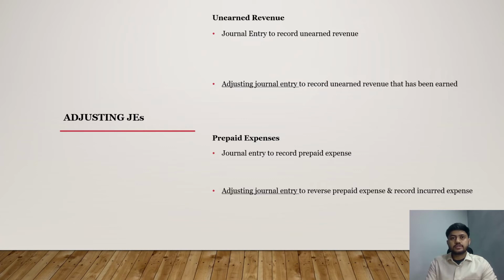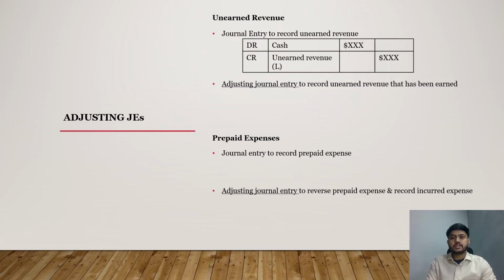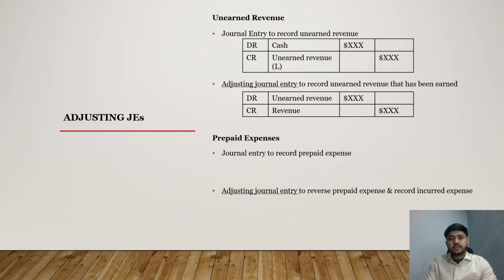The entry on 31st December would not be booked to revenue because you have not earned it. So the entry would be cash to unearned revenue, and here unearned revenue is a liability account. And whenever you have completed the services and given them to your client, only then can you book the revenue, and at that time you will book the adjusting general entry, which is cancelling out unearned revenue and booking the revenue.